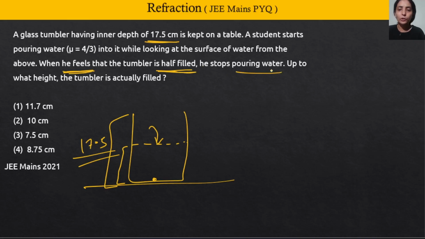He stops pouring water at that instant. Up to what height is the tumbler actually filled? Suppose the person has poured water up to this x depth. Okay.